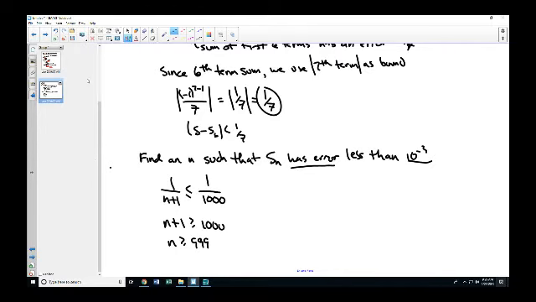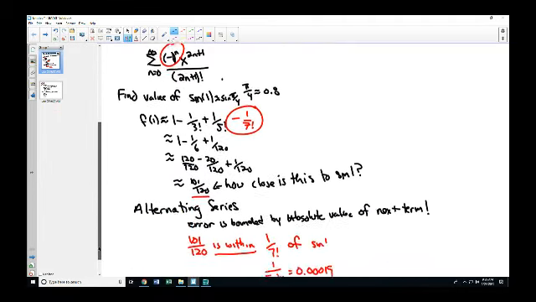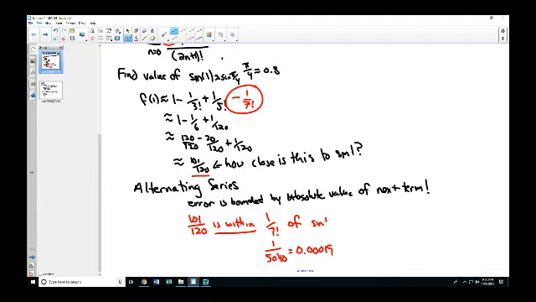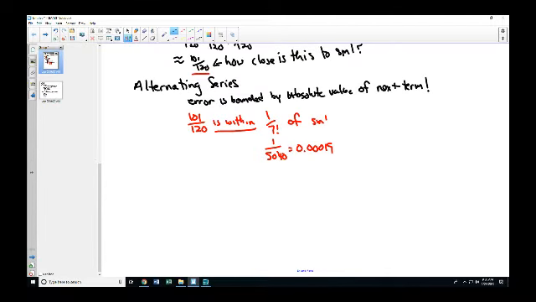One more thing that I did not mention here. If this is our approximation, and this is our error bound, we know that the maximum would be to add this, and the minimum possible value would be to subtract.